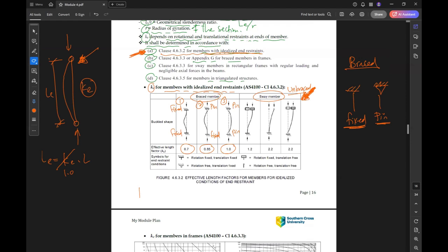Can you see now? Yep. I think there is a bit of delay between us. What is the latest thing you are seeing now? The annotation where you got the fixed and pinned supports, and you've just started to go across to the sway members. Okay, so I will stop the recording and maybe.